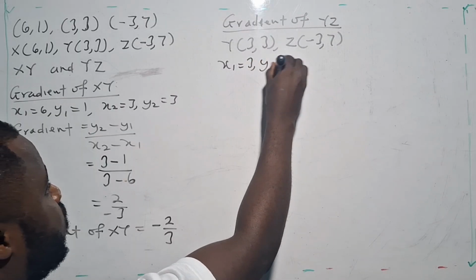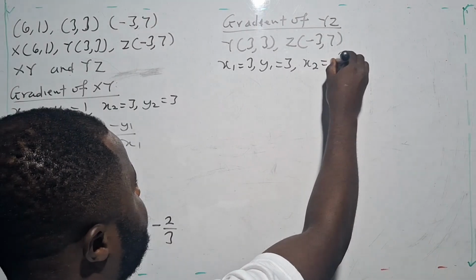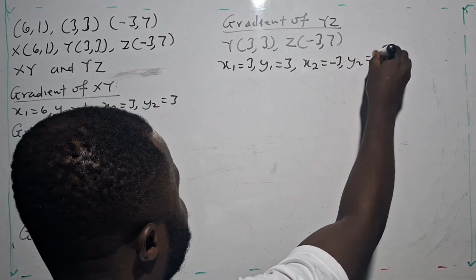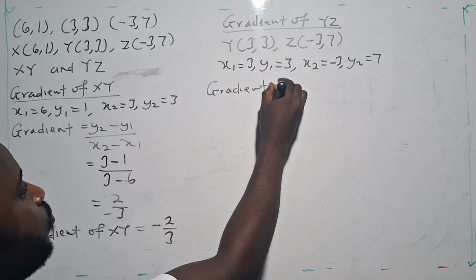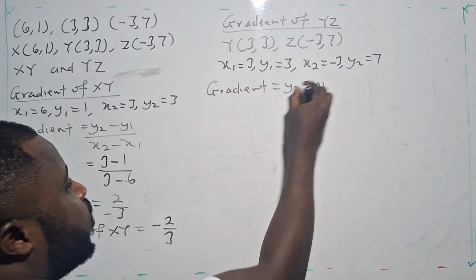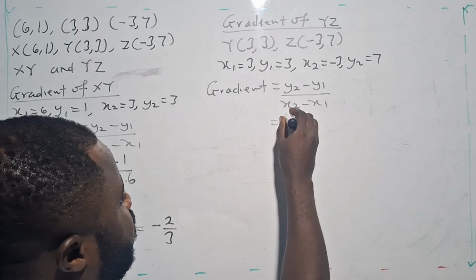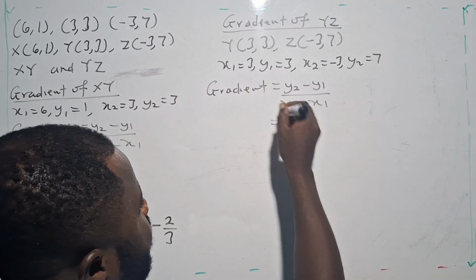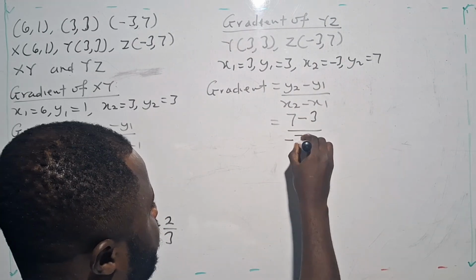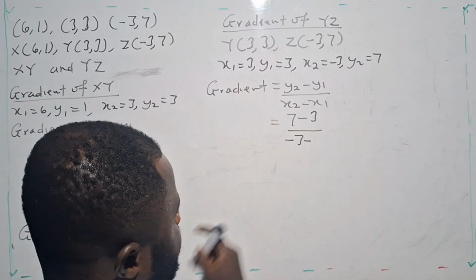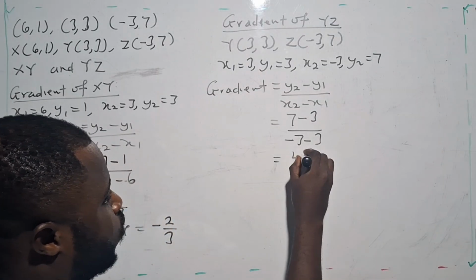X1 is 3, Y1 is 3, X2 is negative 3, Y2 is 7. So gradient is Y2 minus Y1 over X2 minus X1. Now Y2 is 7 minus Y1 is 3, X2 is negative 3 minus X1, which is 3. So 7 minus 3 will give us 4.